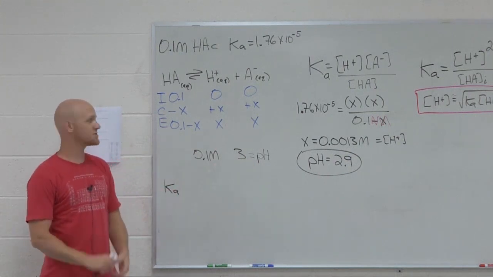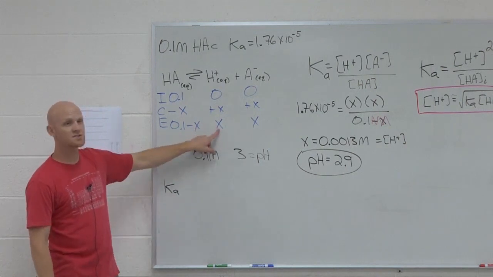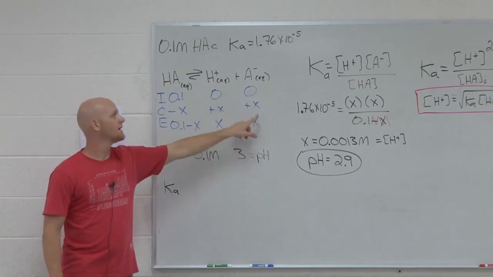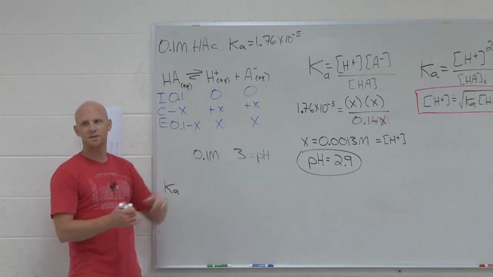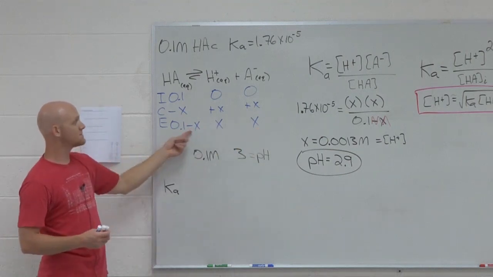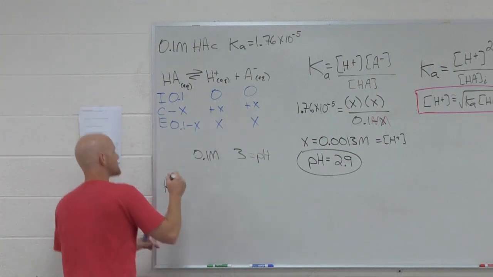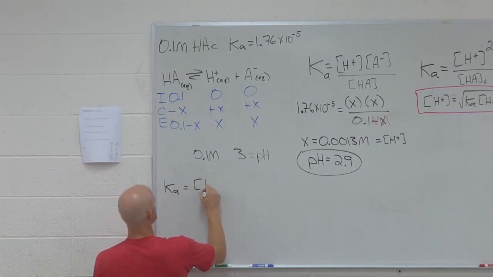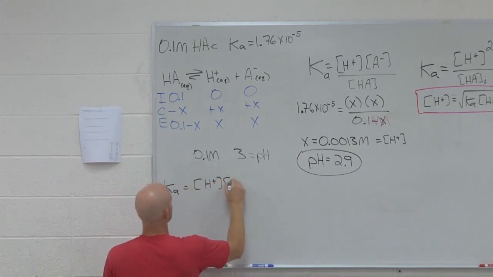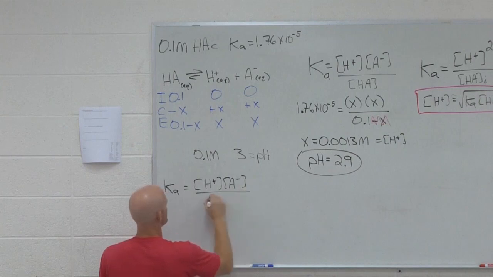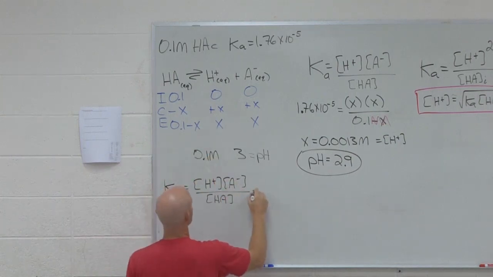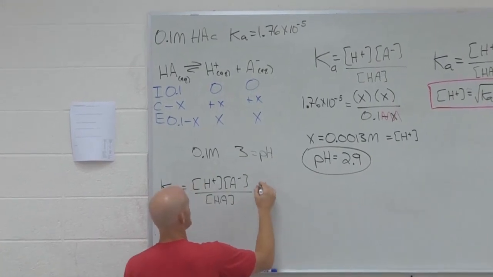Gives me the H+ concentration. But the H+ concentration is also equal to the A- concentration, which also happens to be x. And so in this case, your Ka, again, is equal to [H+][A-] over [HA]. And we can see from the same ICE chart here, so that's equal to x times x.